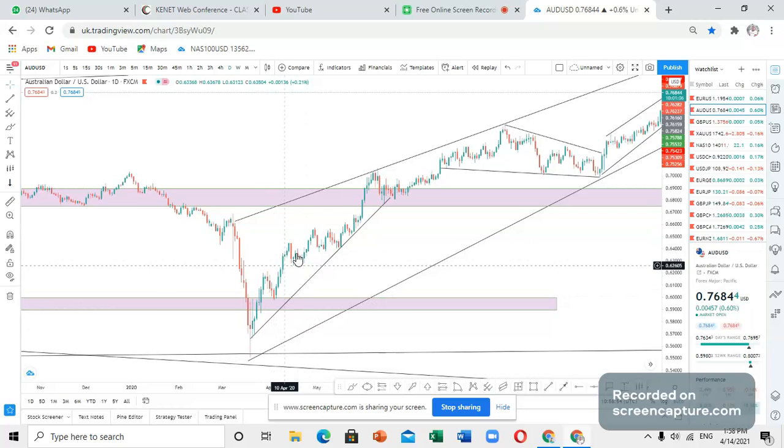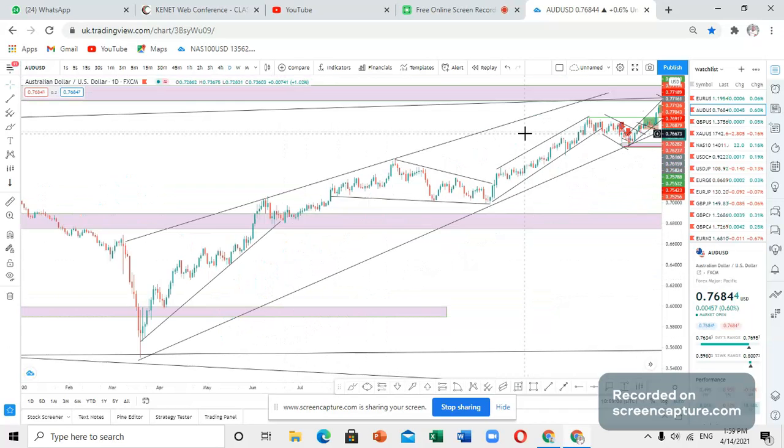As the market is moving to the upside, you can see that the market touched the trend line above it several times, around 3 times, and then it moved down.